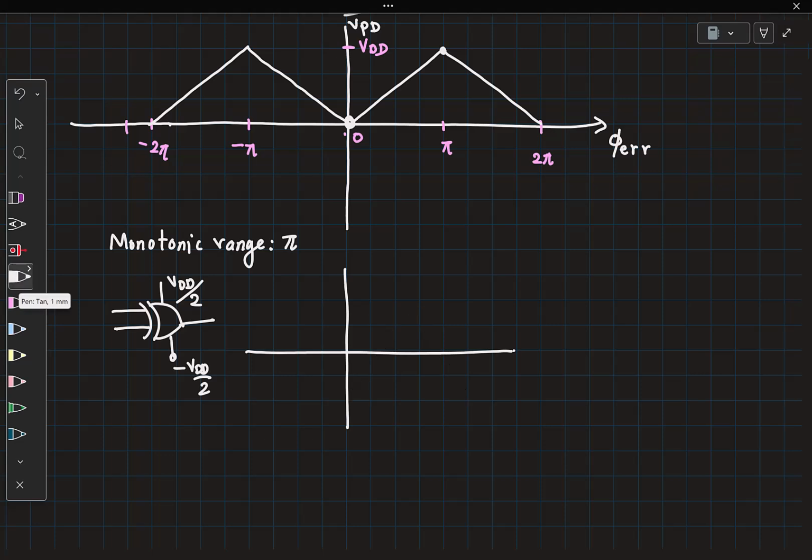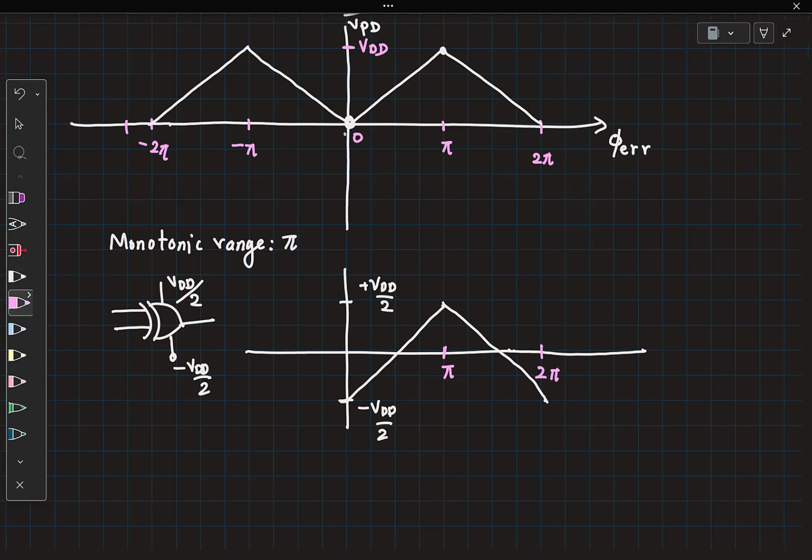So let me mark it on the same scale. The curve will look like this, where this is minus VDD by 2 to plus VDD by 2. Right? And then you can again go and do a quadrature lock where you're locking the two signals with a pi by 2 phase error.